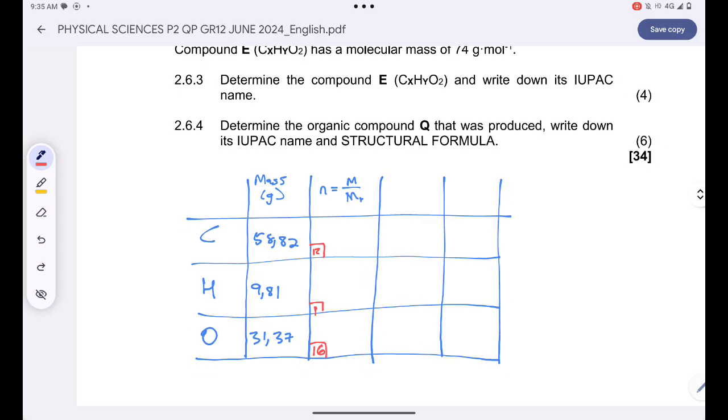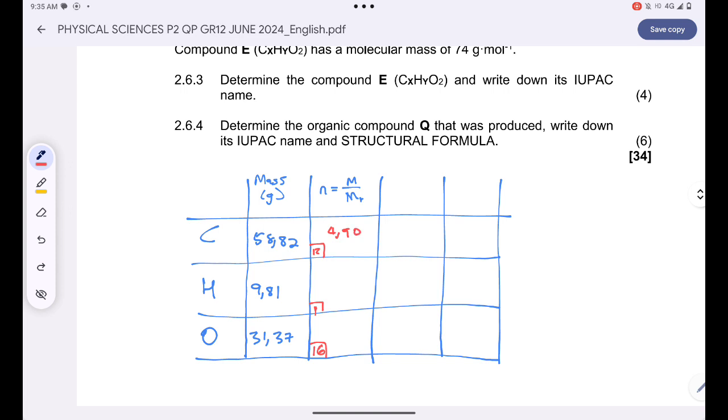For me to find the number of moles, I just need to say 58.82 divided by 12, and this will simply give me 4.90.